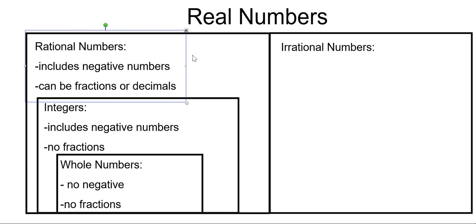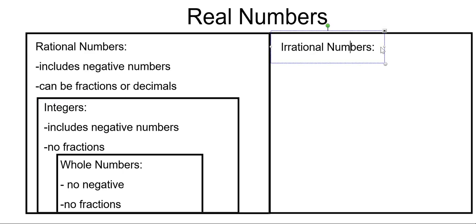Now, the opposite of rational numbers is actually called irrational numbers. And let's just think about what those words mean. Rational: when you have a rationale, it's a reason, right? And irrational is oftentimes they don't have a reason, and we can relate that to our irrational numbers.